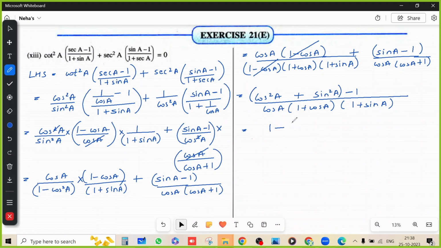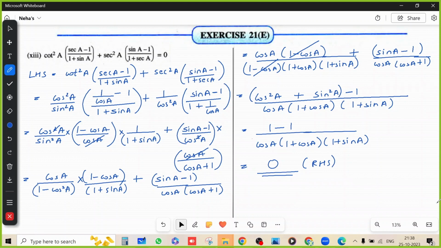So this becomes 1 minus 1 divided by cos A into 1 plus cos A into 1 plus sin A, and we know 1 minus 1 is equal to 0, and 0 divided by anything is equal to 0. So this is equal to the RHS, and hence we have proved that the left hand side is equal to the right hand side.